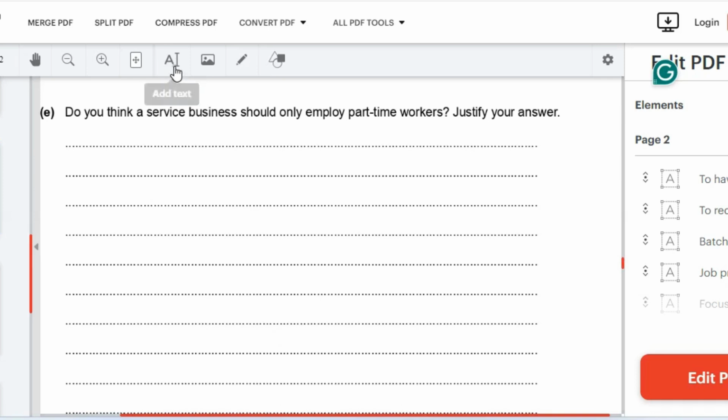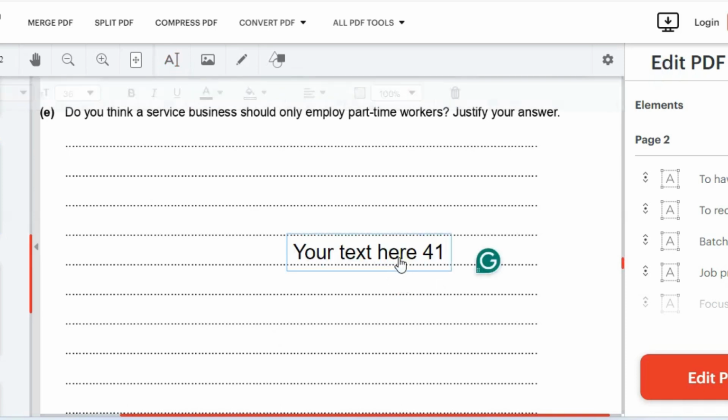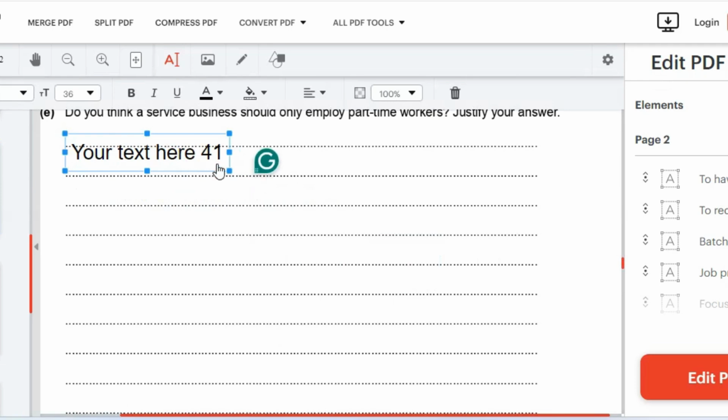Now let's try to add our text. Let's go with the part-time worker first.